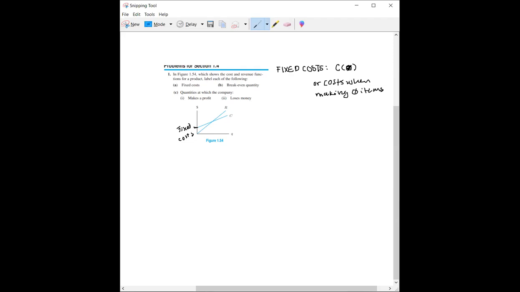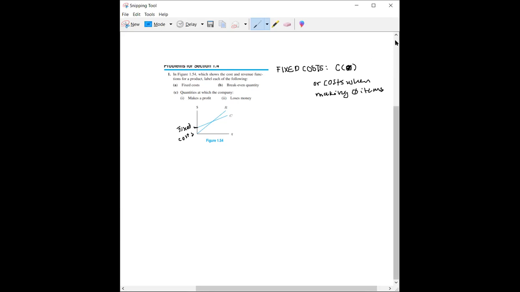This is the costs that exist when we're making 0 items. Like if we were running a restaurant, it would be the cost of buying the restaurant and purchasing all of the stuff to make a restaurant run. So this is the cost before even opening day. It's the cost that exists when we're making even 0 items.